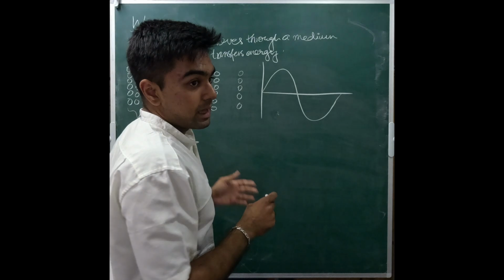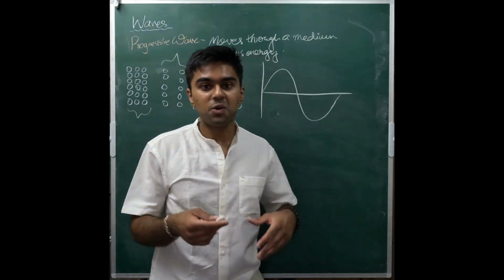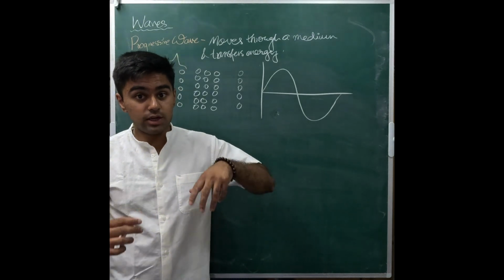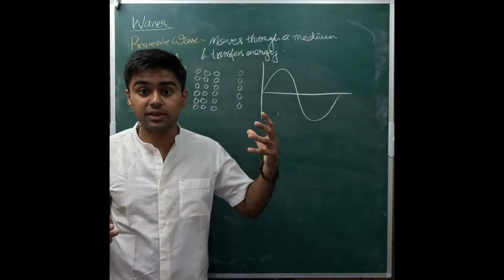So this could potentially be a sound wave or a wave through the sea, any sort of wave which essentially just moves through a medium and ends up transferring energy.